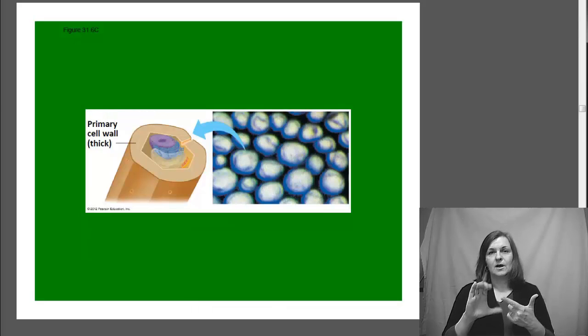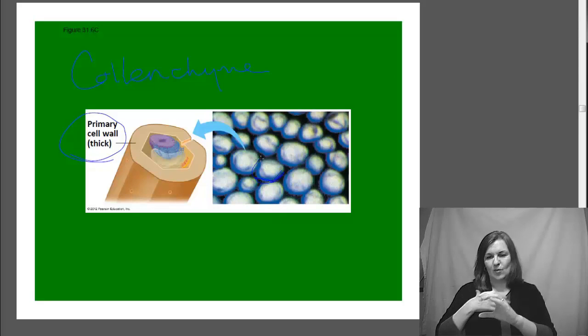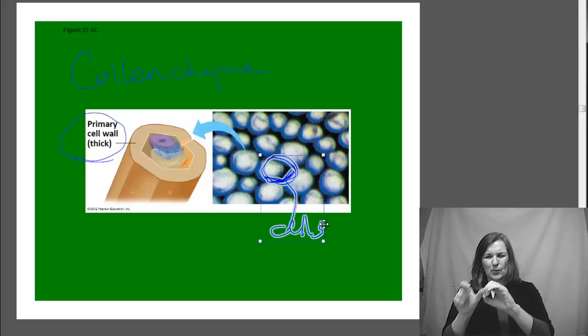These are your collenchyma cells. Notice that they have a fairly thick cell wall. In this image on the right, the dark space that surrounds the white are actually the cell walls. The open white spaces are the insides of the cells. So the cell walls surrounding the outside, you see that they're thicker.